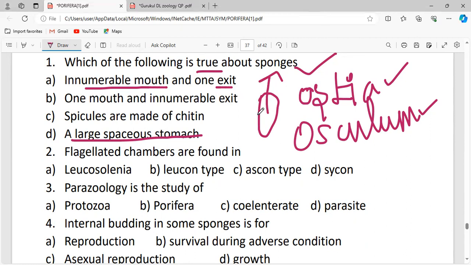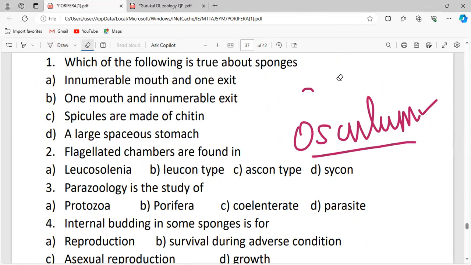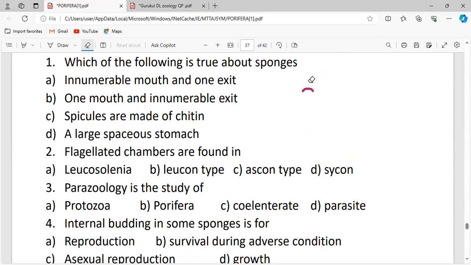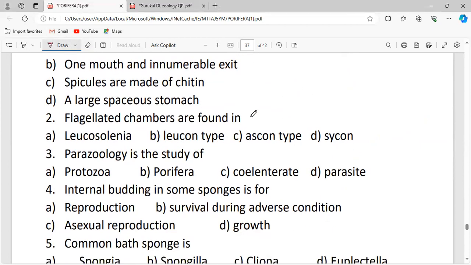So obviously the answer will be only one exit is there, only one osculum, one way of exit, but innumerable pores are present in the body of the sponges. So the exact answer for this question is the first option, innumerable mouths and one exit. Clear? Answer for this question is option A. Fine. Next, flagellated chambers are found in.